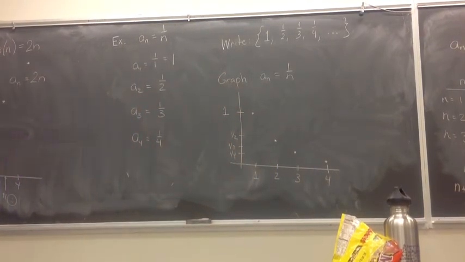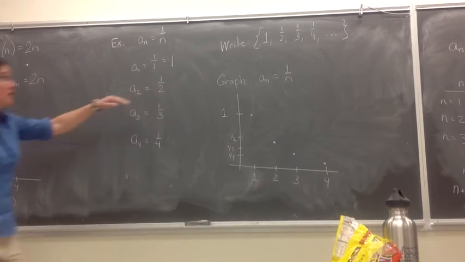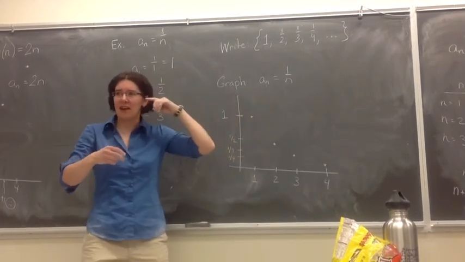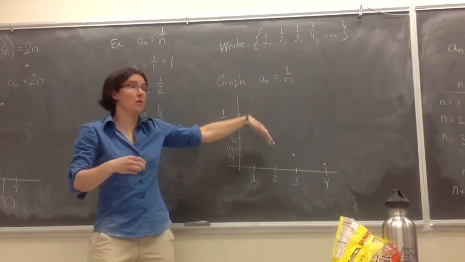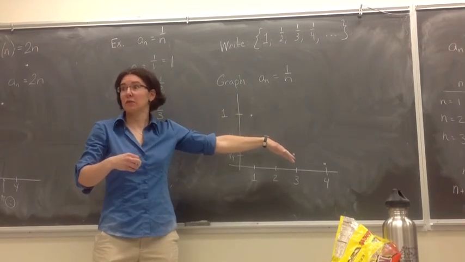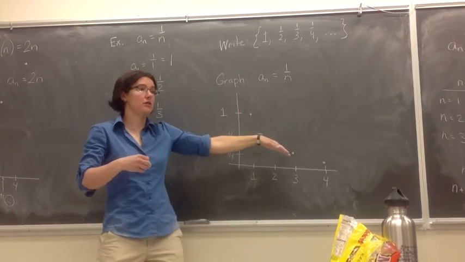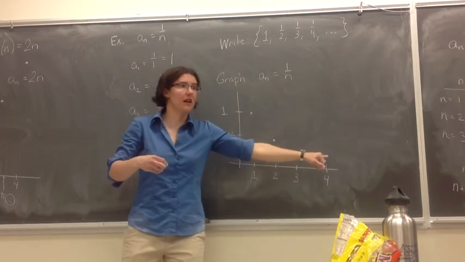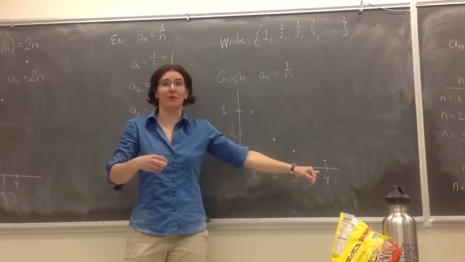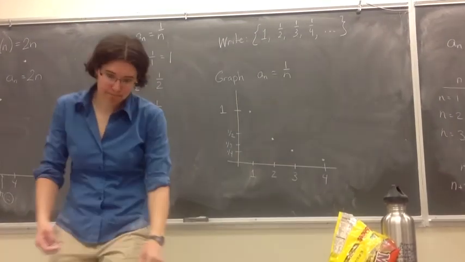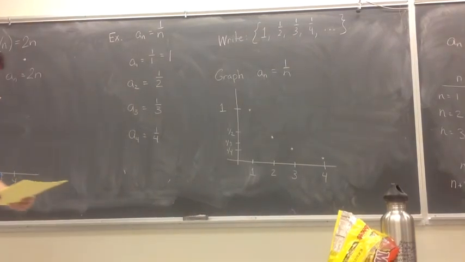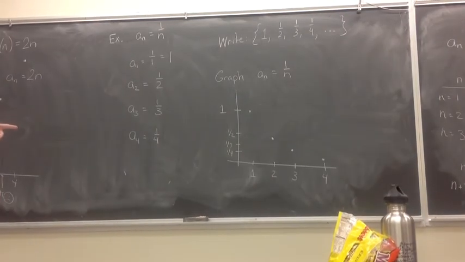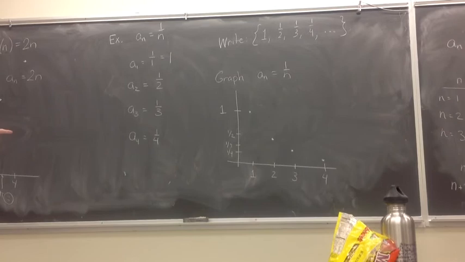And so my graph looks like those 4 dots. Now, it continues on, and I can kind of imagine in my head that this looks an awful lot like 1 over x, f of x equals 1 over x, except that I don't have all the in-between points. I only have the specific dots that occur by plugging in the whole number values. Okay, any questions or comments about that one?